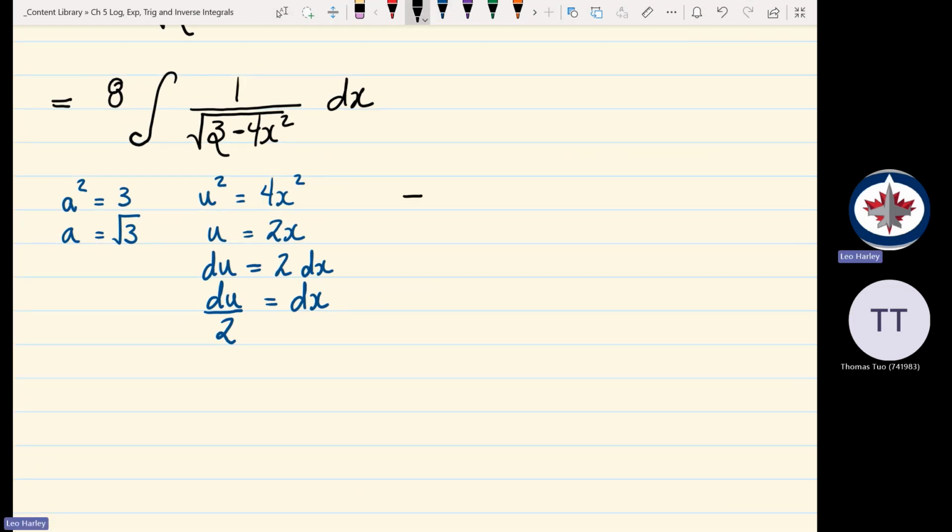So it's going to equal the 8 that was already there. And then is it safe to say the 8's going to multiply the 1/2 that we're going to factor out?